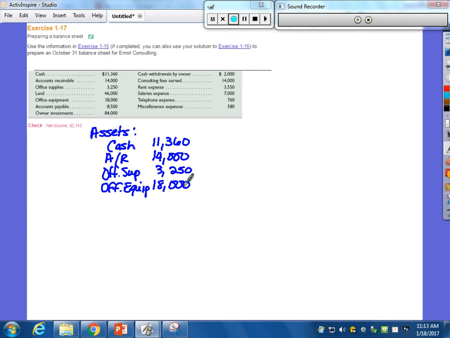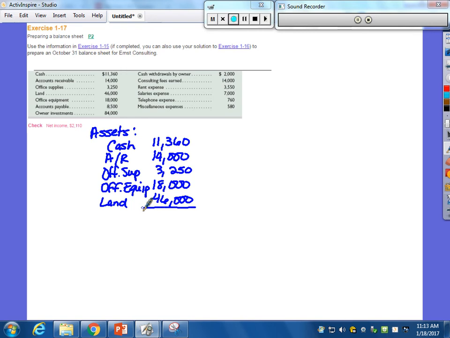Okay. Land, which is 46,000. Is that it? Invest... We included the investments where? On the last statement.